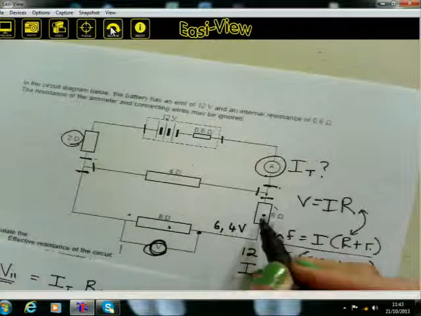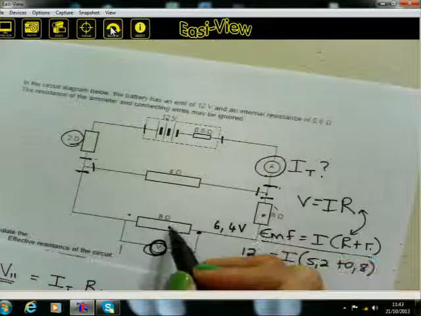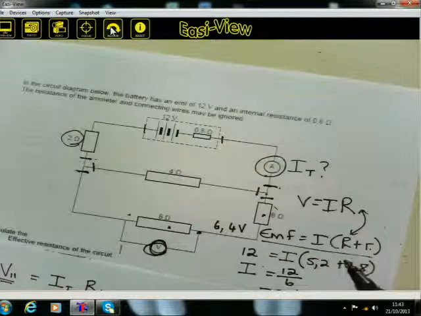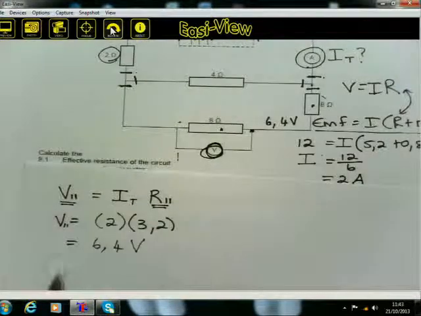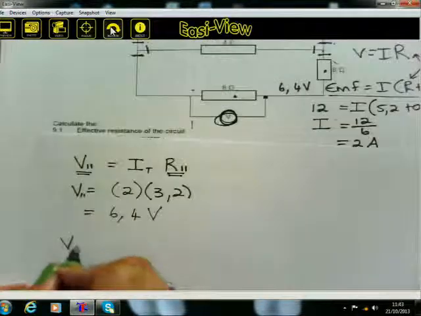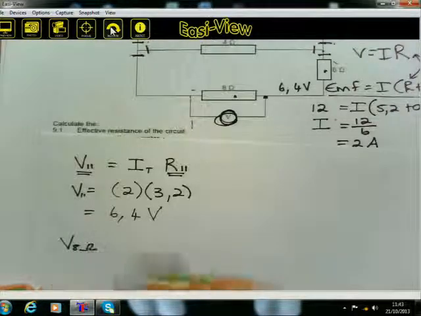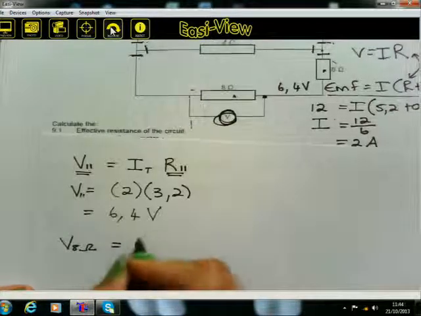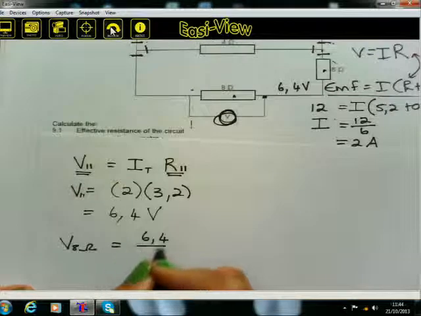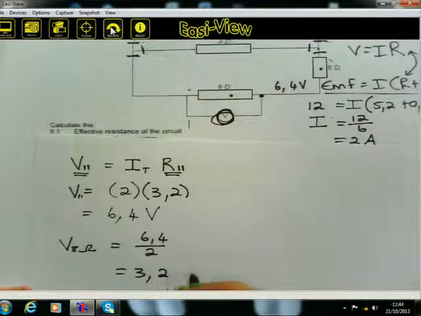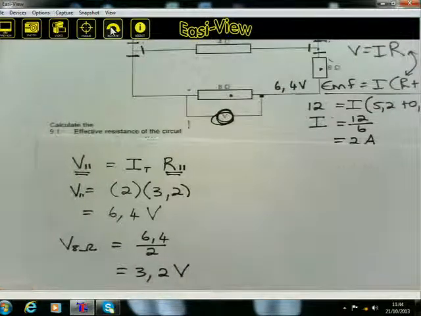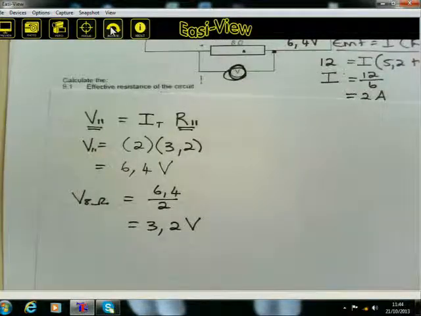So if they equal resistance, that means equal voltage, and we can just divide the 6.4 by 2. So V over the 8 ohm resistor will be equal to 6.4 divided by 2, and that is 3.2 volts.